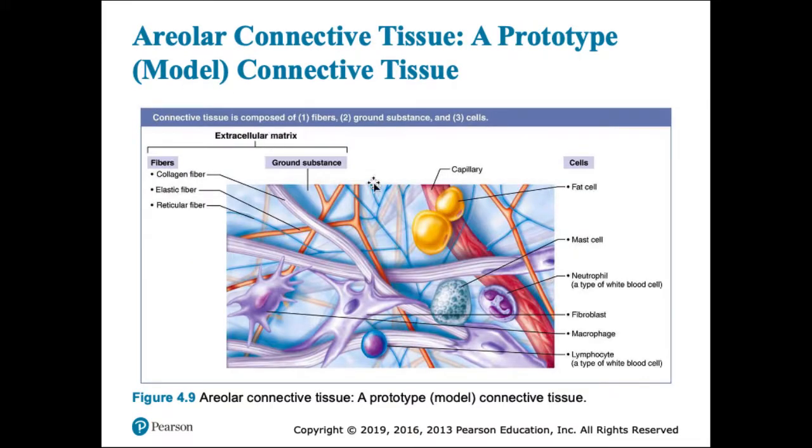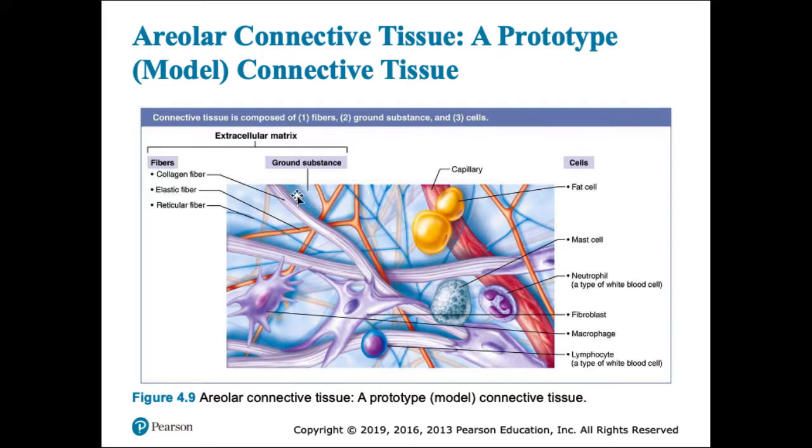And so this is a sort of model of areolar connective tissue. You can kind of see there's some fat cells, there's some mast cells, there's some neutrophils, which is a white blood cell, a lymphocyte, which is also a white blood cell, another macrophage cell, and things that break down and eat things. So you can see all kinds of different cell types in this connective tissue.